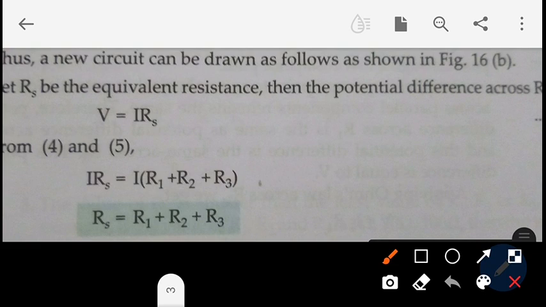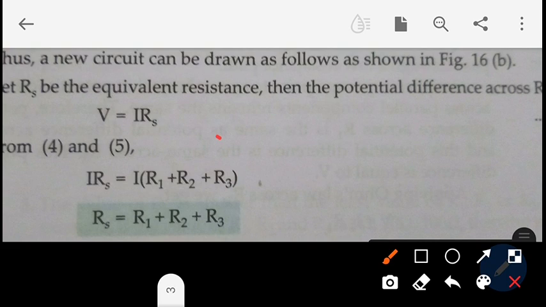If Rs is the whole resistance of the circuit, and current I is flowing through it, the voltage across the circuit is V, and we can write V equal to IRs.